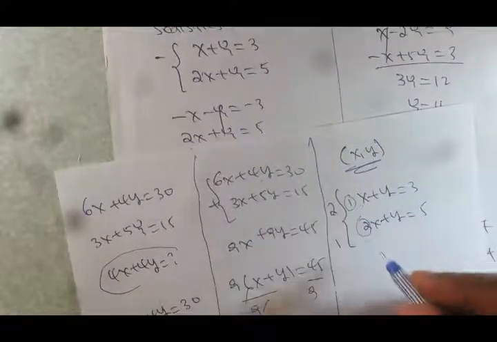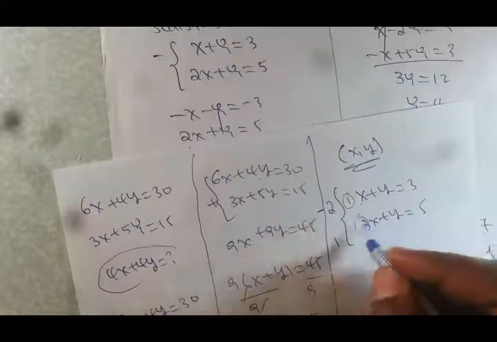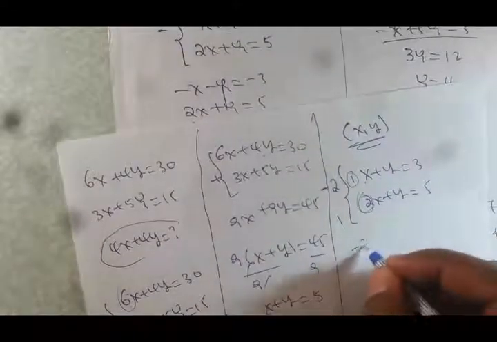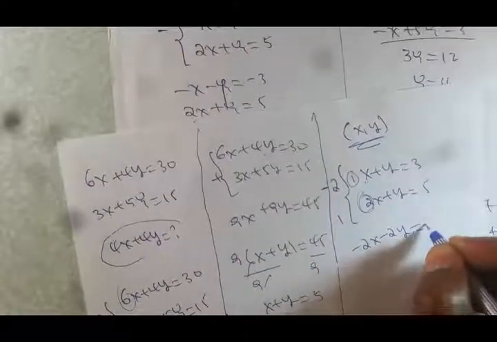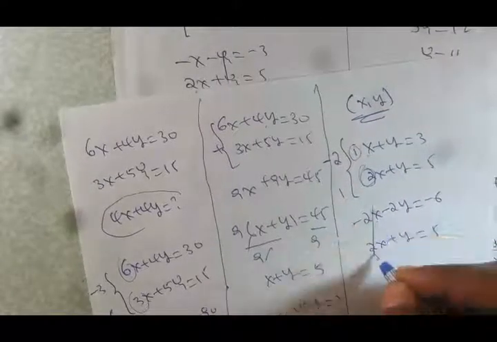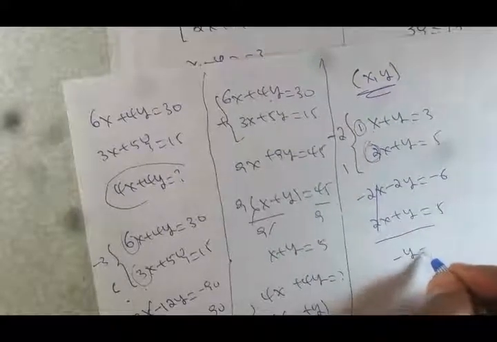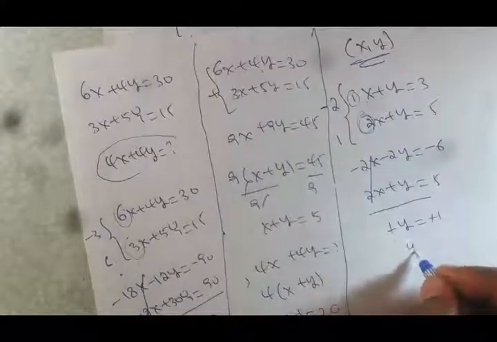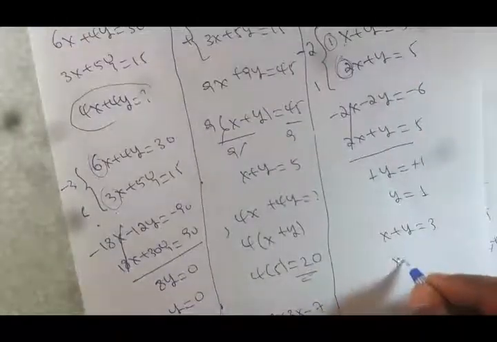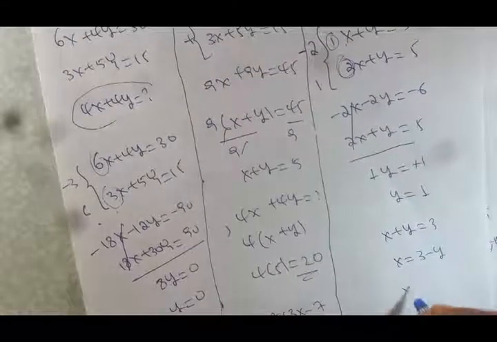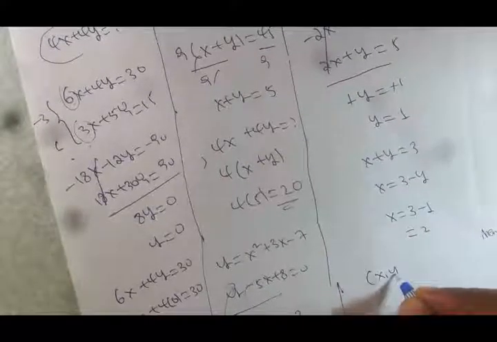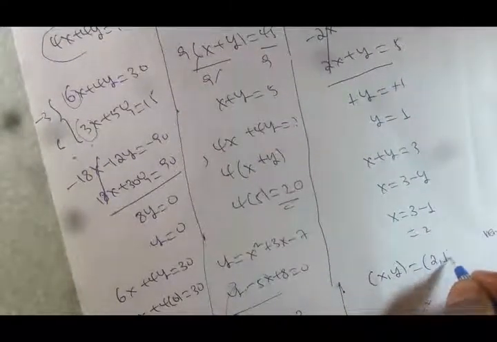Therefore 2 times x, this is minus 2, because we are considering the negative of this number, minus 2 times x, minus 2x minus 2y is equal to minus 6, and 2x plus y is equal to 5. Therefore this will be cancelled, and minus y is equal to minus 1. Therefore the value of y is 1. To find x, x plus y is equal to 3. Therefore x is equal to 3 minus y. Therefore x is equal to 3 minus 1, which is 2, and we are asked to find (x, y). That means (2, 1).